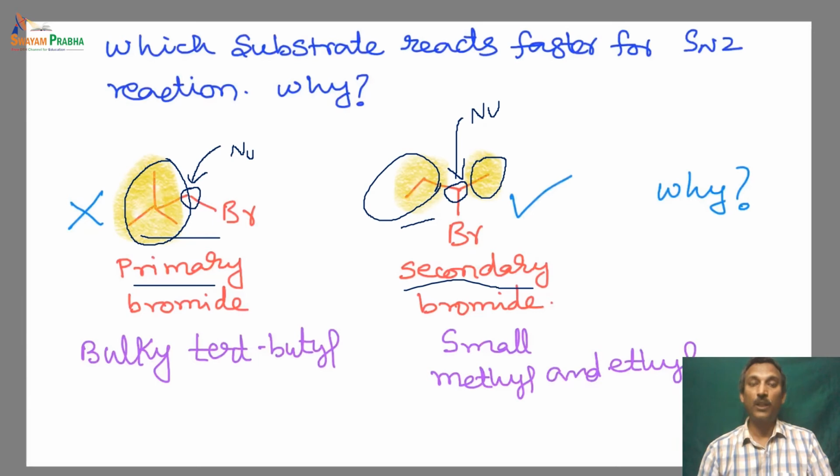And if you go back to the reaction mechanism, tertiary carbon itself is too bulky, so it does not even undergo reaction by SN2 mechanism. So this is what you have to always remember. You cannot simply say which one will react faster or slower without looking at the structure of the substrate. So always pay attention to the structure of the substrate and decide which one will undergo faster.